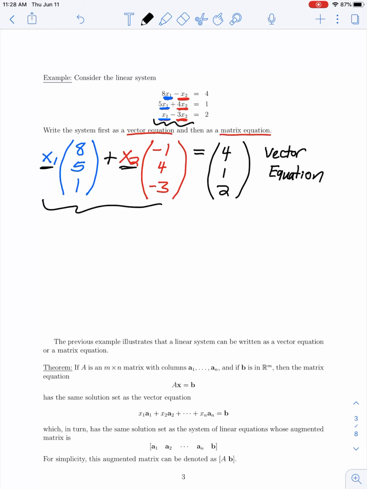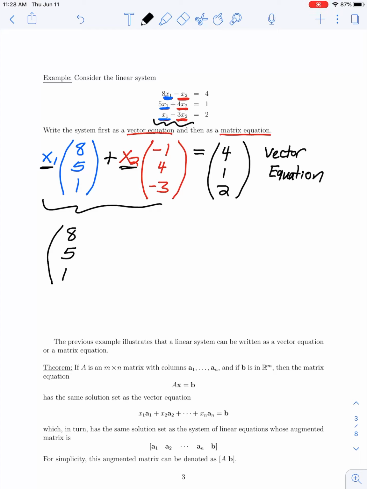And then we are supposed to also write this as a matrix equation. To write this as a matrix equation, we can use the definition of A times x. So for our matrix A, we take the vectors within our linear combination. The first column of A will be the column vector 8, 5, 1.